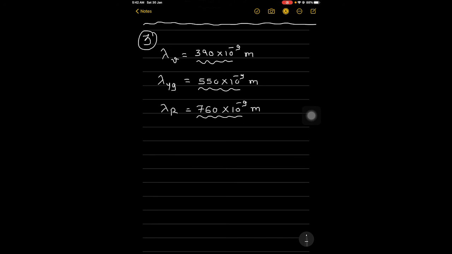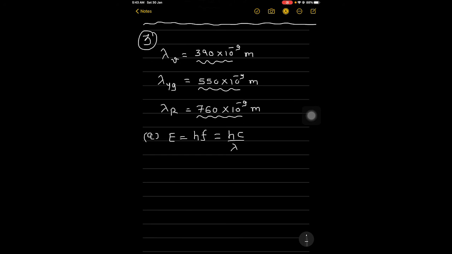We have to take h equals 6.63 into 10 raised to minus 34 joule second, and 1 eV equals 1.6 into 10 raised to minus 19 joule. So first of all we have to find the energies of all these photons. Obviously E equals hf, that is equals hc over lambda.